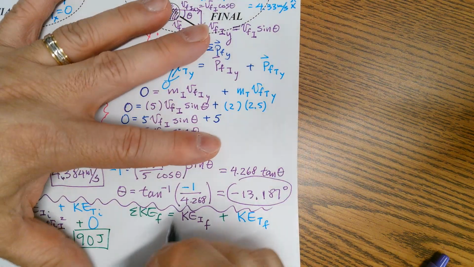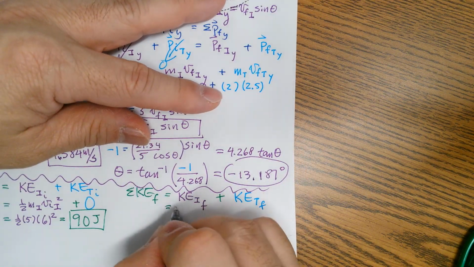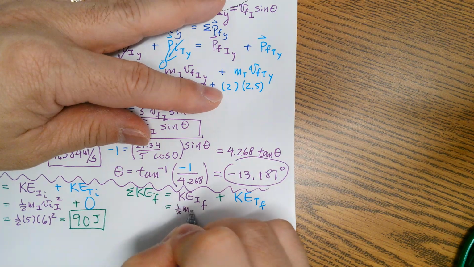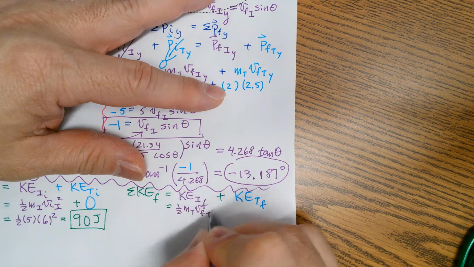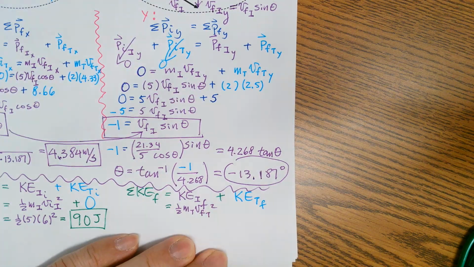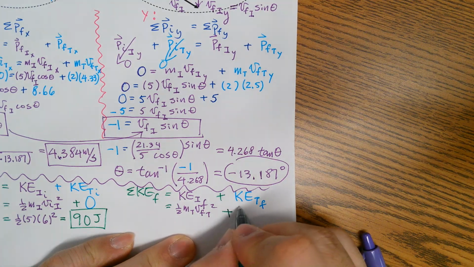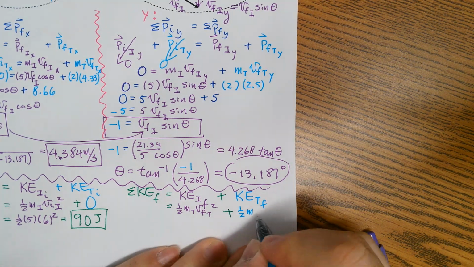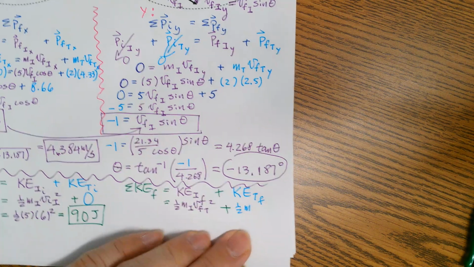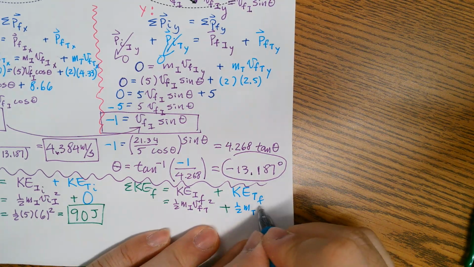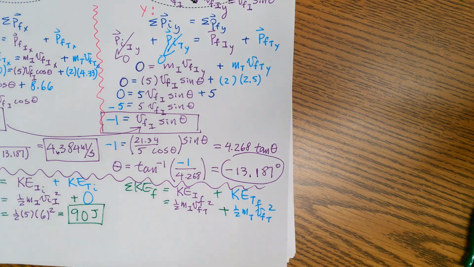So that is equal to 1/2 m incident v final incident squared plus 1/2 m target v final target squared.